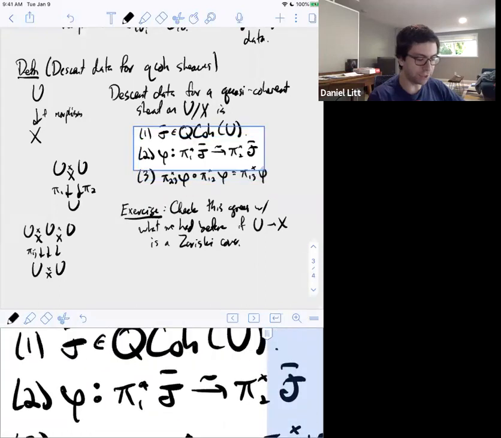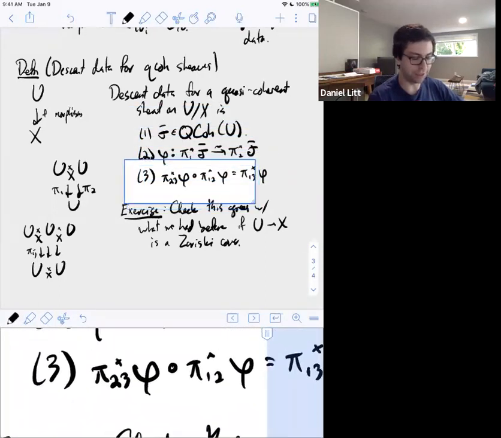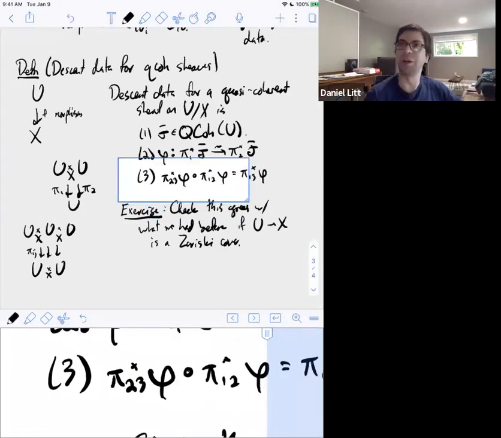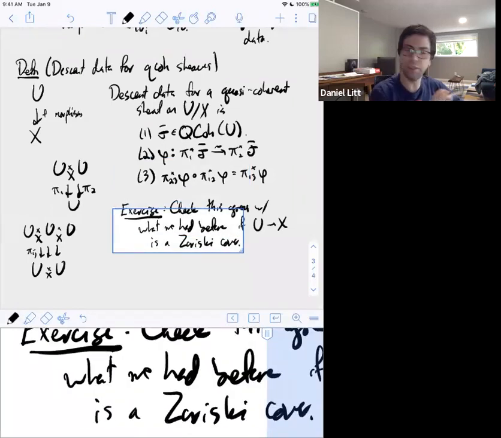I think this feels a little fancy. One cool thing about it is I think this condition 3 is actually a really slick way of saying what the cocycle condition is. Are there any questions about the definition?